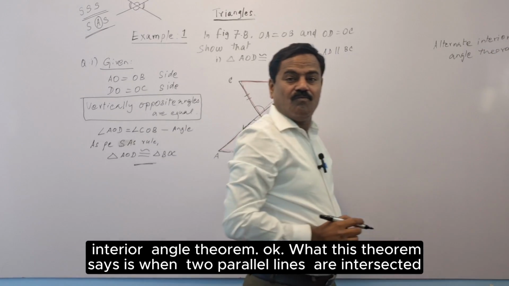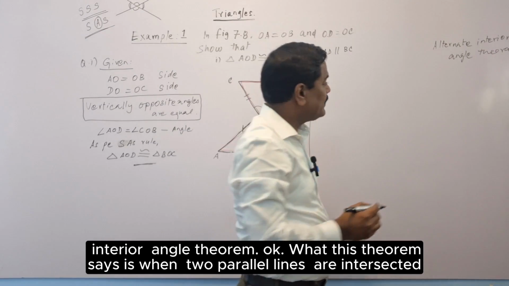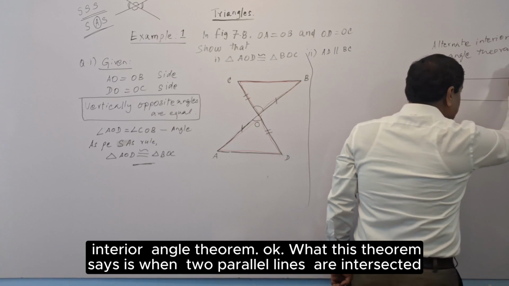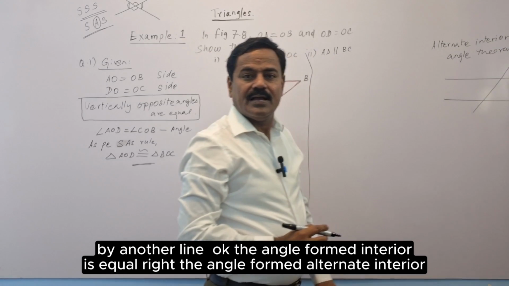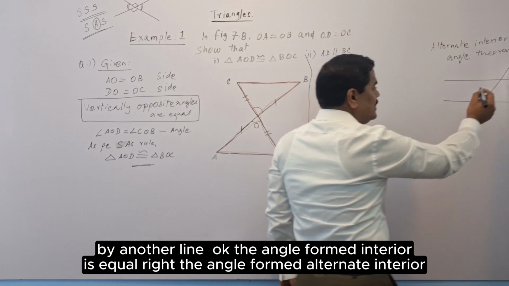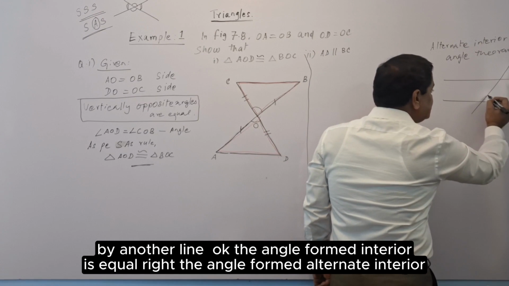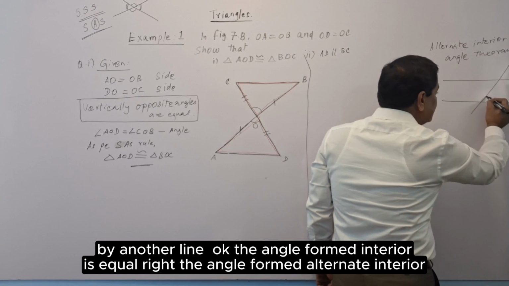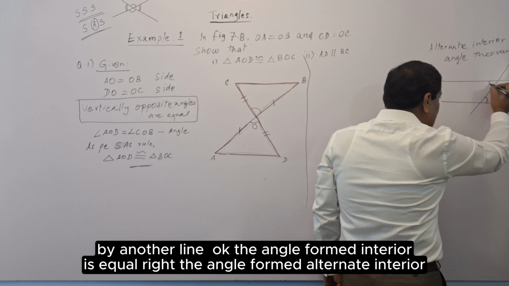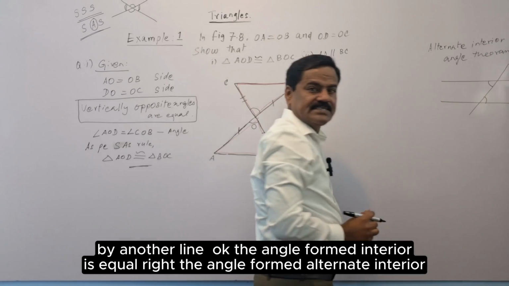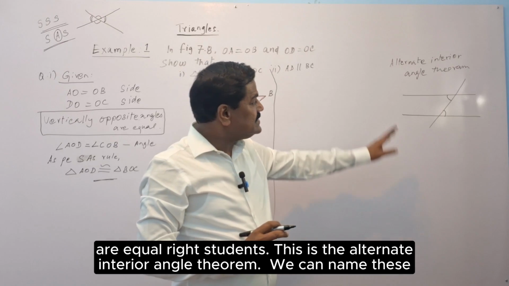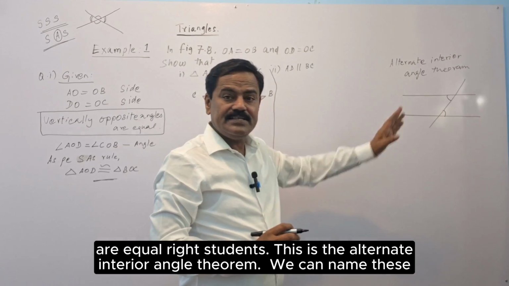What this theorem says is, when two parallel lines are intersected by another line, the alternate interior angles formed are equal. This is the alternate interior angle theorem.